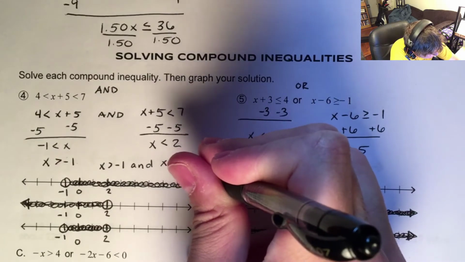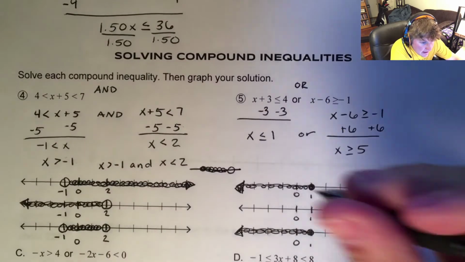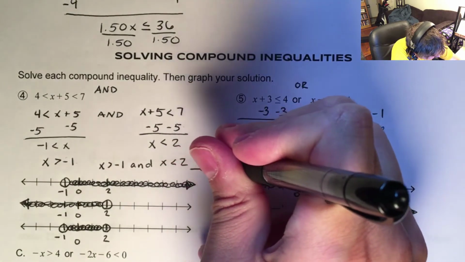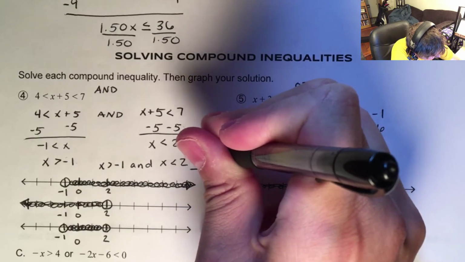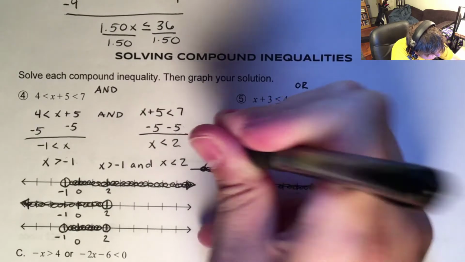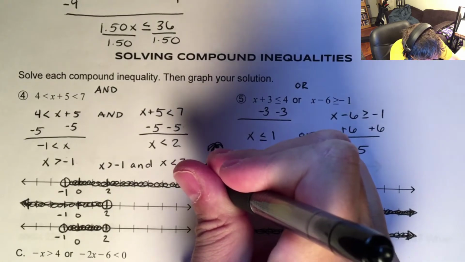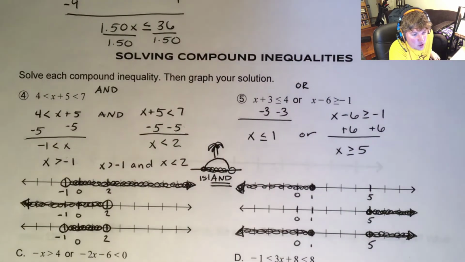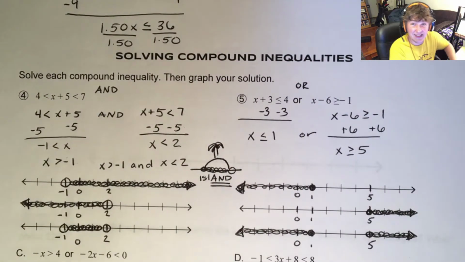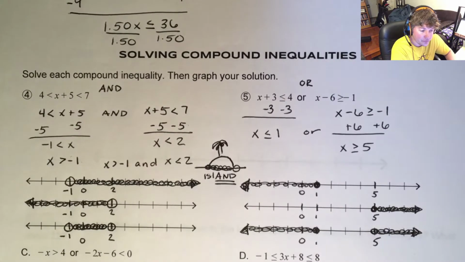This may be open, it may be closed, but it's going to be in the middle. And what is it going to create? It's going to create a little island. And inequalities are going to create little islands kind of pushed together.